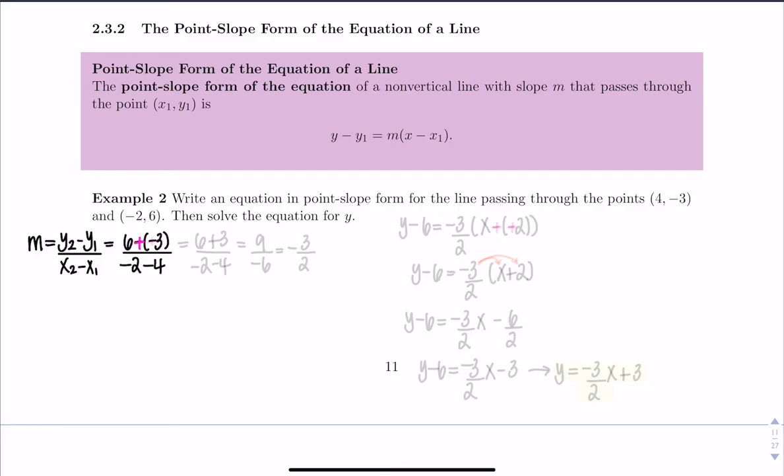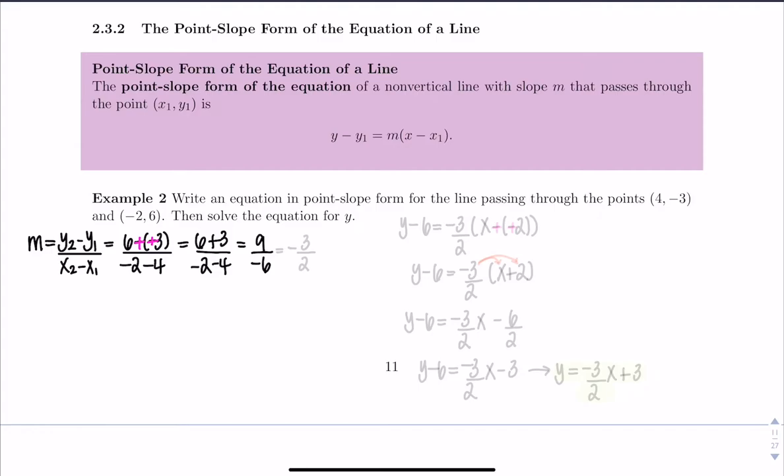We have a double negative on the top, so this really becomes 6 plus 3 all over -2 minus 4. But this is just 9 over -6.